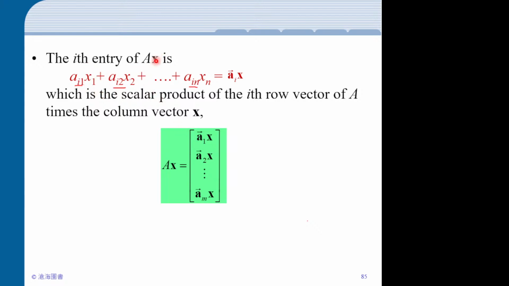So the ith entry of Ax, which is an m-dimensional vector, is the ith equation, ai1 x1 to ain xn, and that is the ith row of A times the x vector.